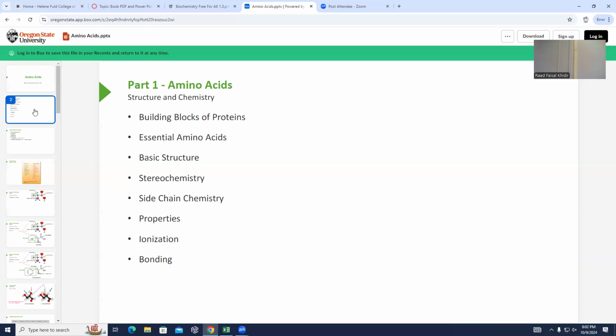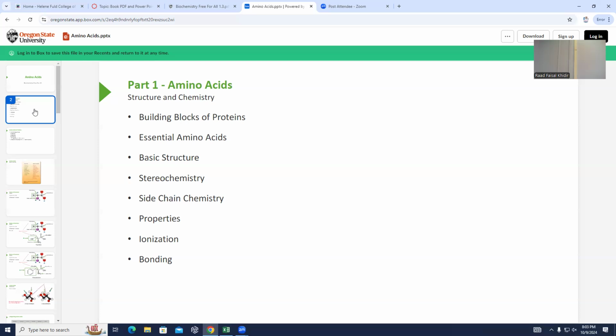Then we go and we translate. We do translation. Where does translation happen? In the cytoplasm. And in the cytoplasm, then you get your proteins. And proteins are two types.